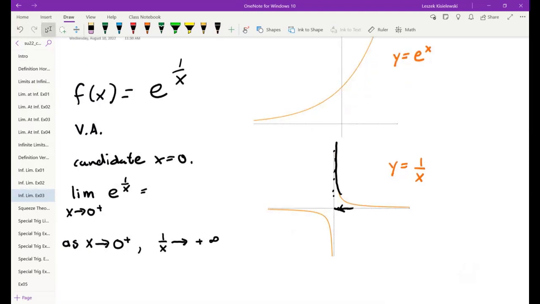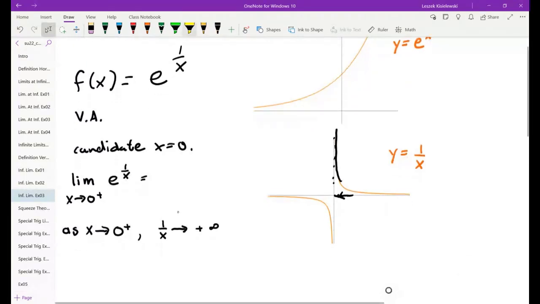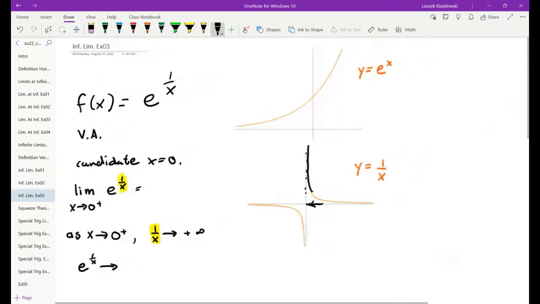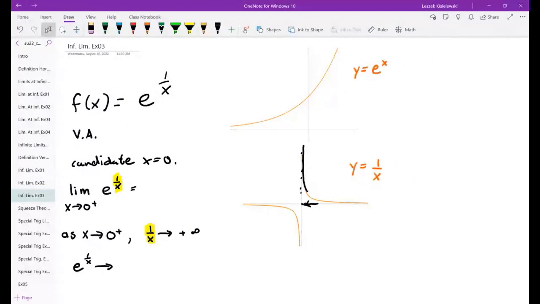Okay, so now the 1 over x is just the argument of this exponential function. So as 1 over x goes to positive infinity, what can we say about e raised to the power 1 over x? Where would it go? Yeah, that's right.